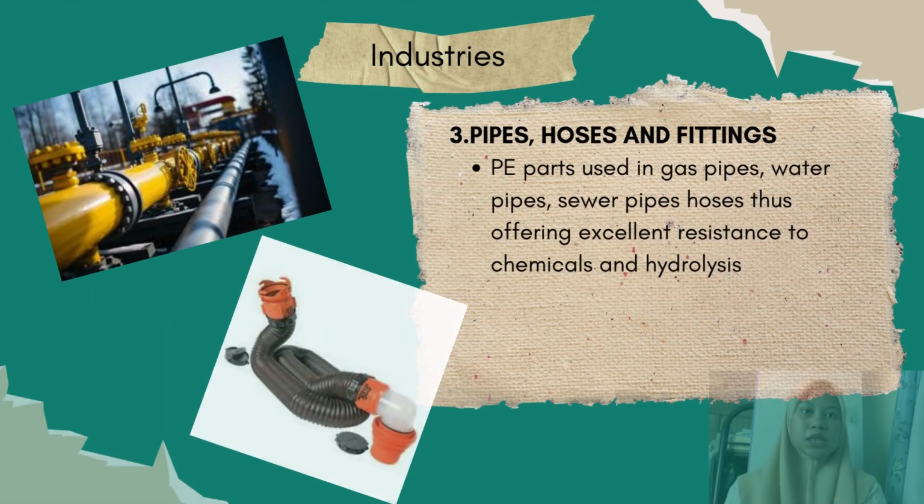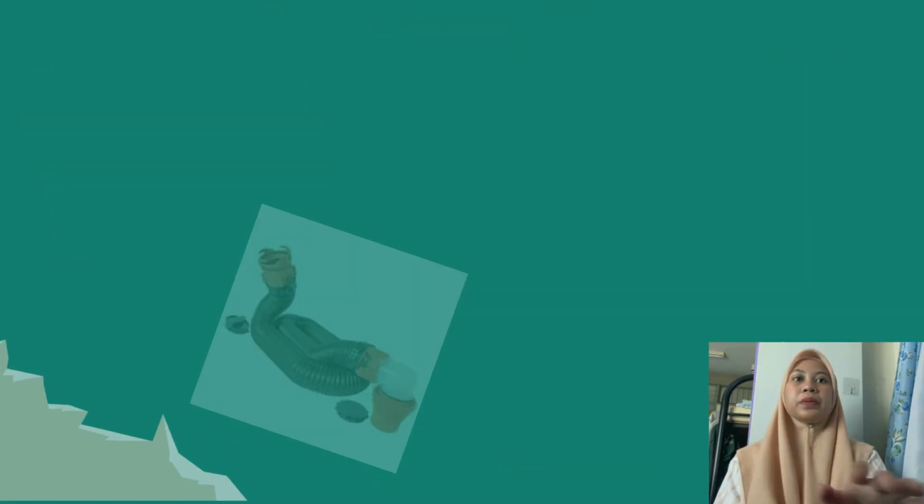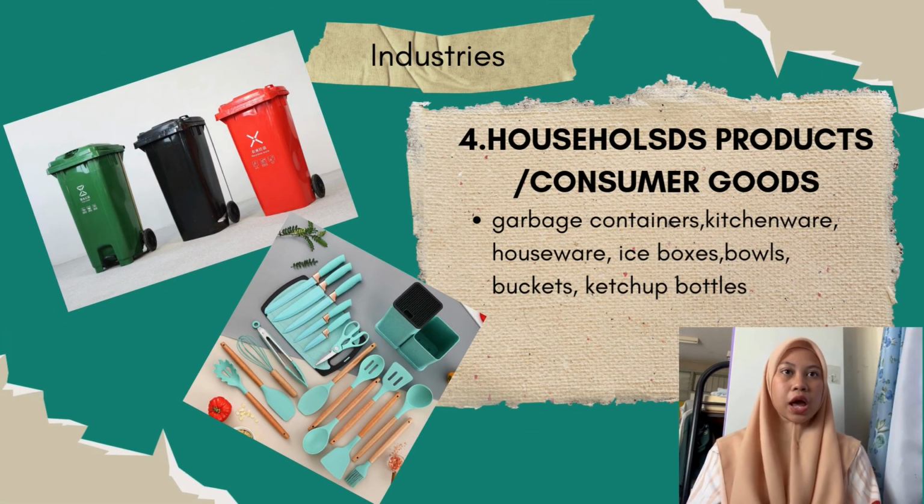Third, pipe, hose and fitting. We take PE pipe used in gas pipe, water pipe, sewer pipe, thus offering excellent resistance to chemicals and hydrolysis. The example we take is gas pipe and water pipe. For fourth, household product and consumer good, examples are garbage container, kitchenware, houseware, icebox, bowl, bucket, ketchup bottle.